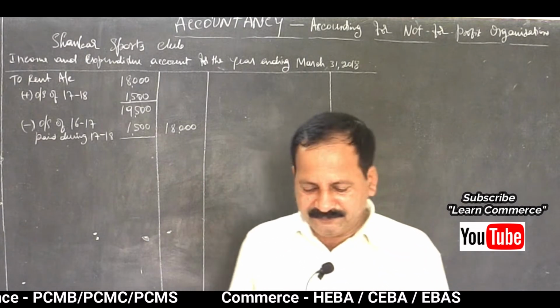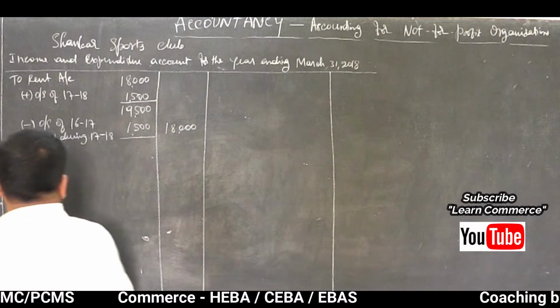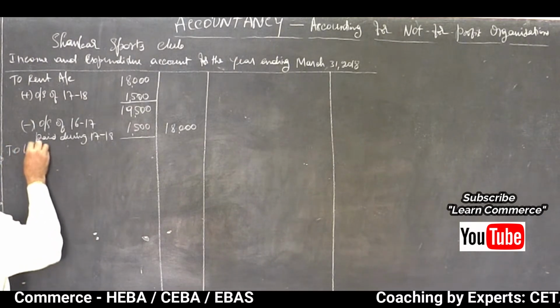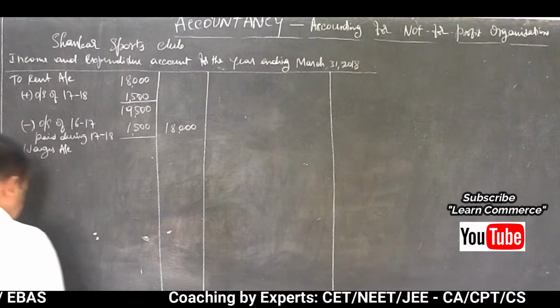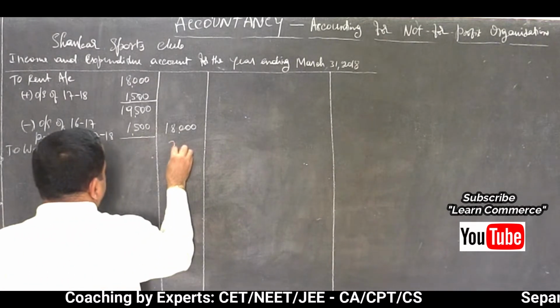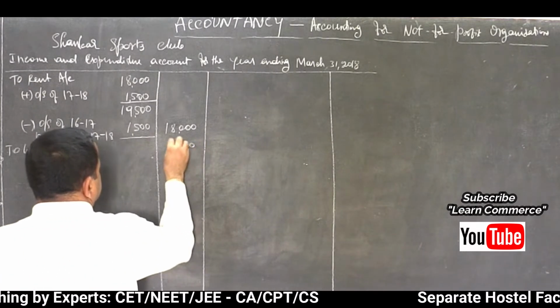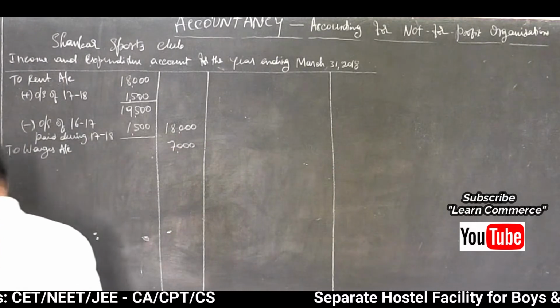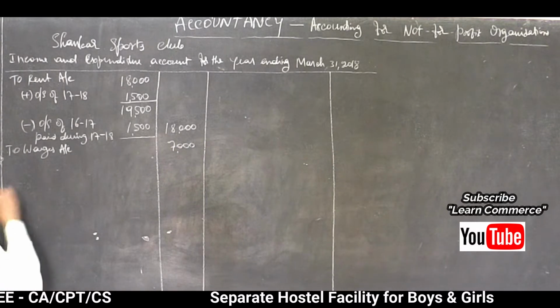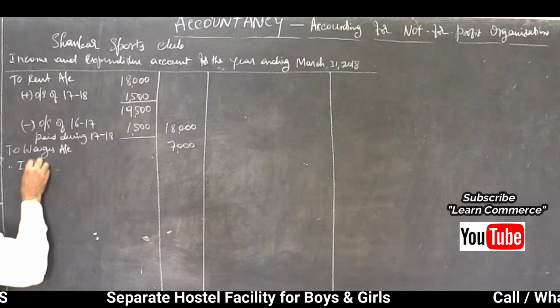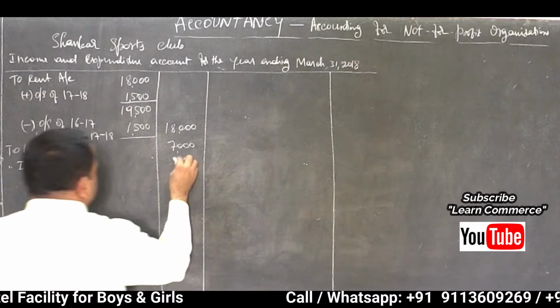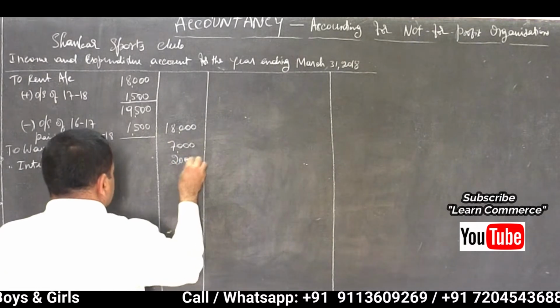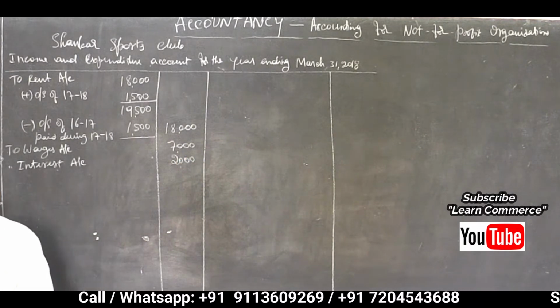Then to wages account, how much is it? 7,000. Then interest account 2,000.